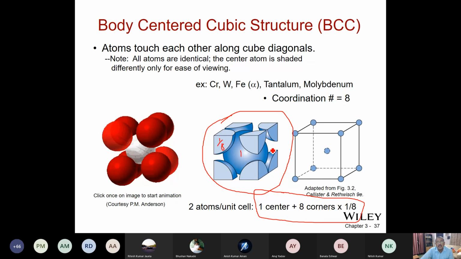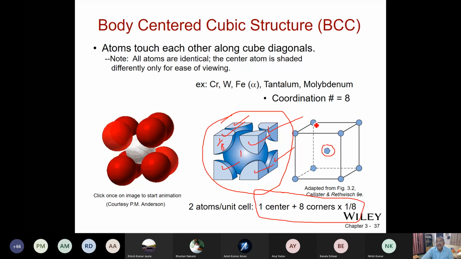Consider this center atom: the number of nearest atoms is 1, 2, 3, 4, 5, 6, 7, and 1 behind that, 8, with respect to this center atom.